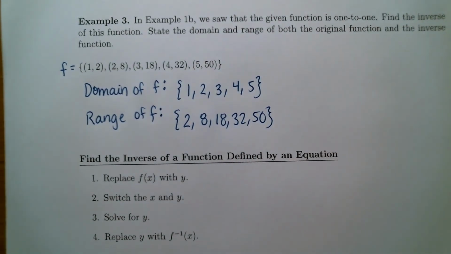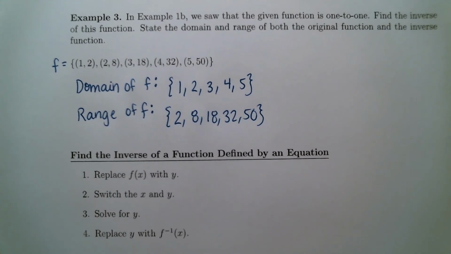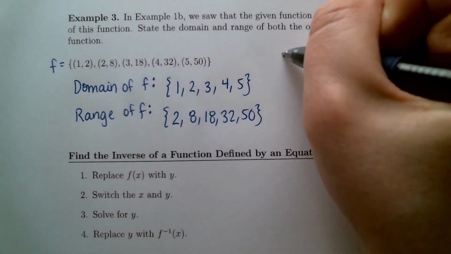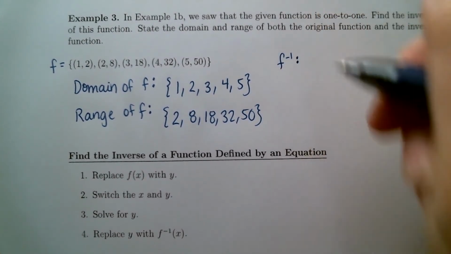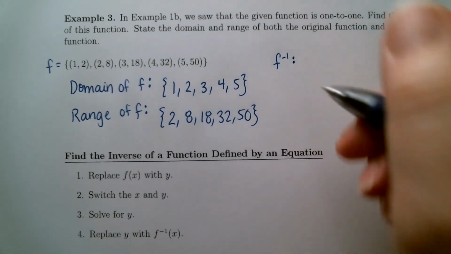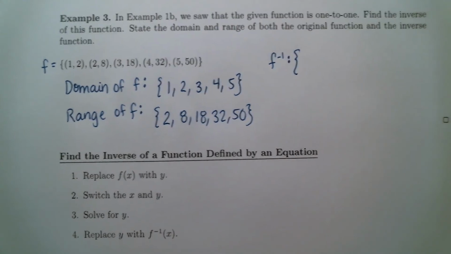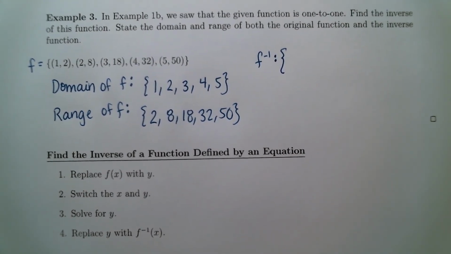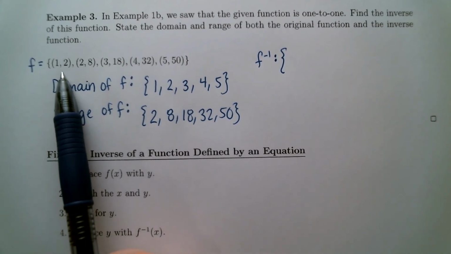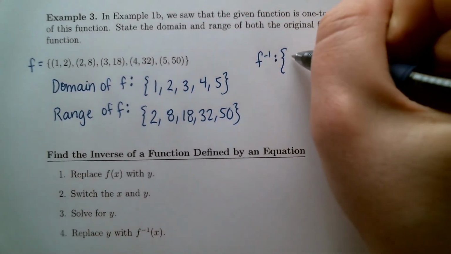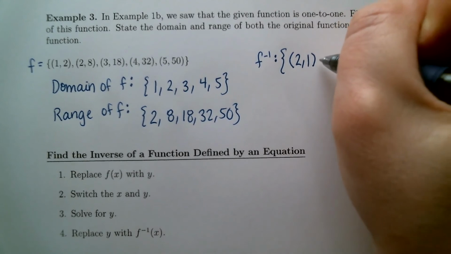All right, so now we're going to write the inverse function. Again, the notation is f inverse. It is going to be a set of ordered pairs. And remember, the whole idea behind inverse functions is you switch x and y. So this first ordered pair (1, 2) is going to flip and become (2, 1).